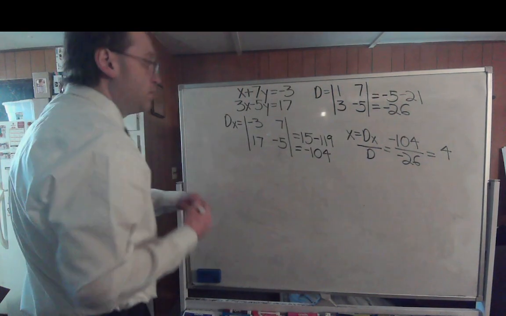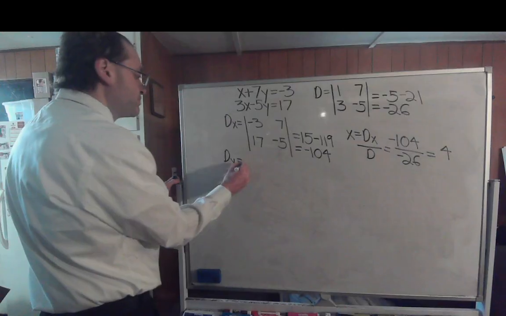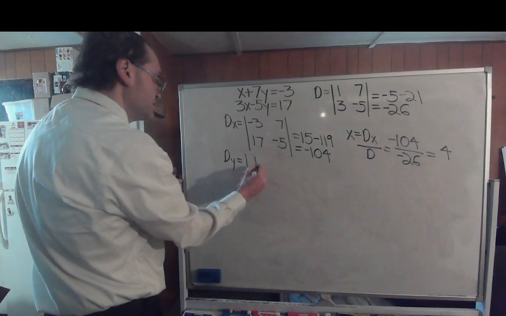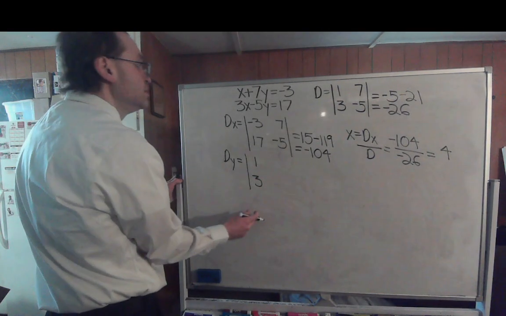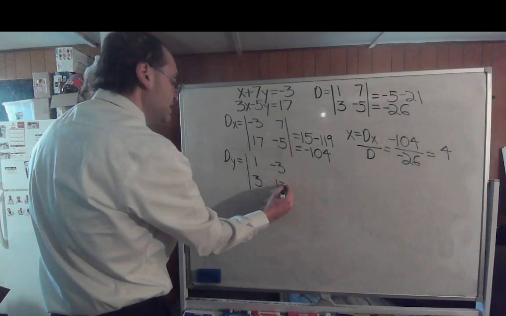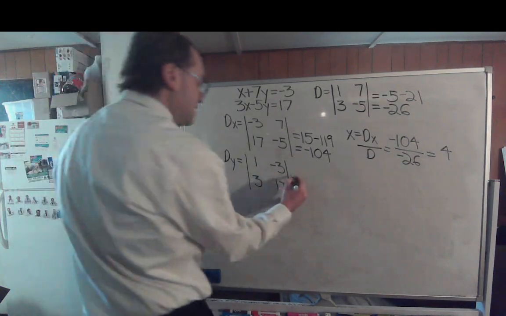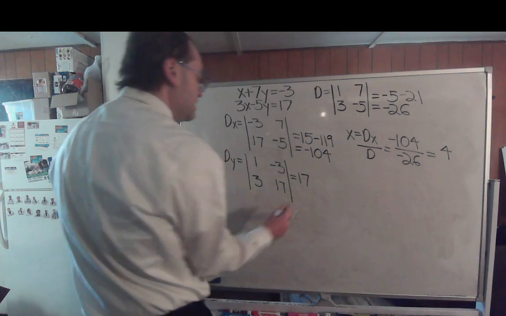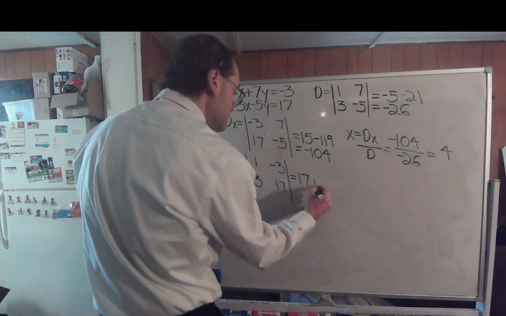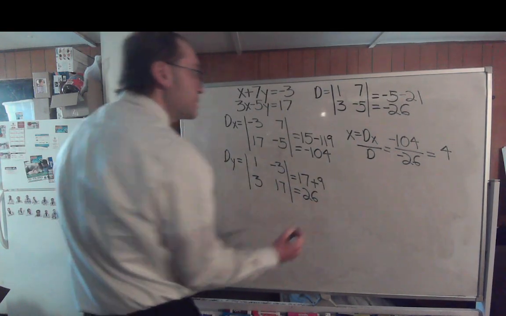Now in order to find y, we need to do the d sub y determinant. So to find d sub y, this time keep your x coefficients the same, the 1 and the 3, but replace your y coefficients with that -3 and 17. Alright, so what is 1 times 17? Well, that's just going to be 17 minus -3 turns into +3 times 3, so that'd be +9. 17 plus 9 equals 26.